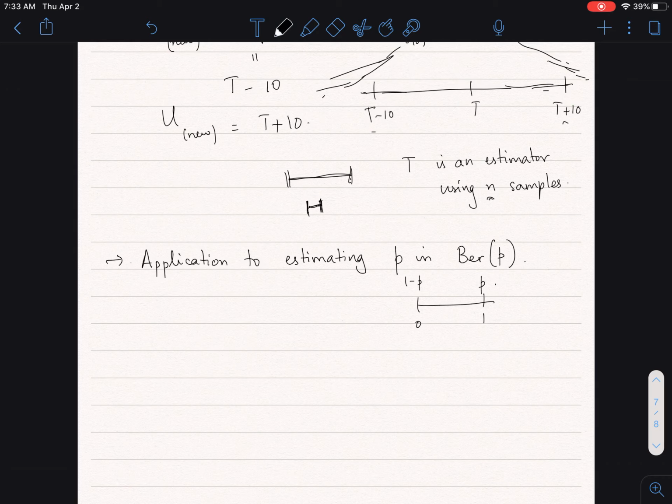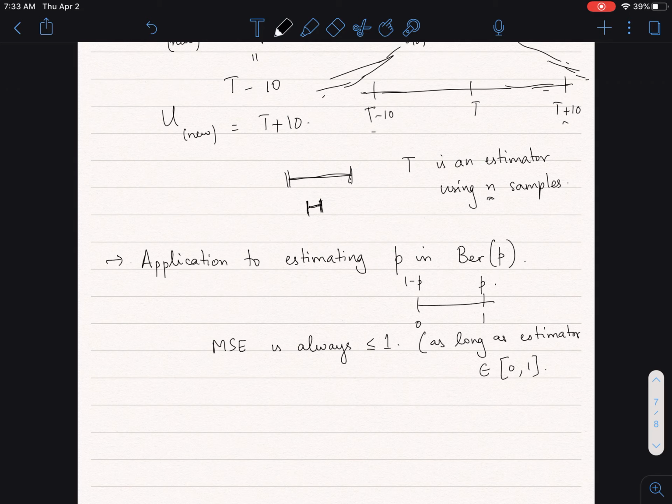So we have a trivial bound on the mean squared error: it is always less than or equal to 1, as long as your estimator produces a value between 0 and 1.